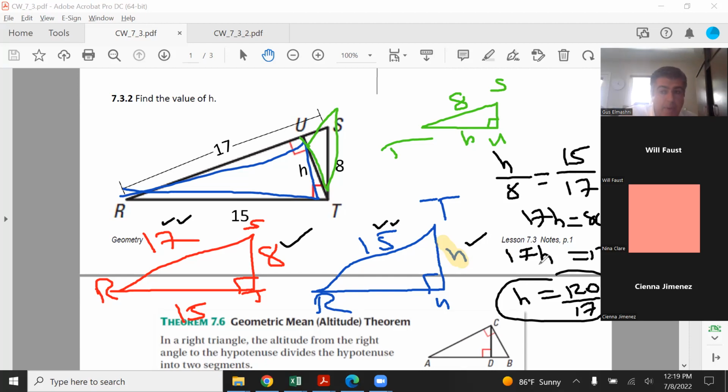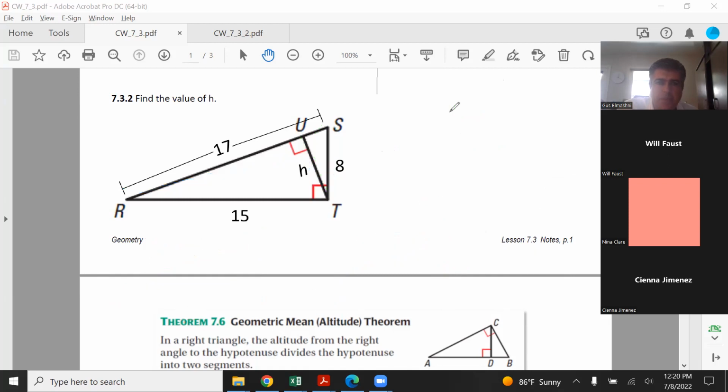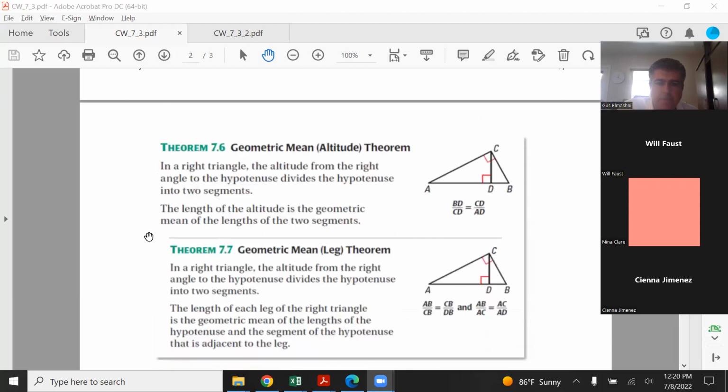Now there is a quick and easy way, but I don't want to show you the quick and easy way because I want you to break down the triangles and just use proportional reasoning to get the answer. And also see that these are similar triangles, by hypothetically coming up with values for the angles and seeing, oh yeah, of course they're similar. All these corresponding angles equal each other, right? Well, there is a quick and easy way.